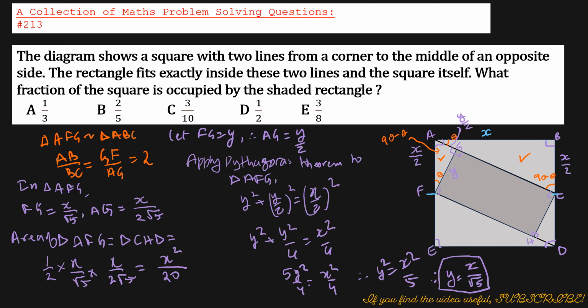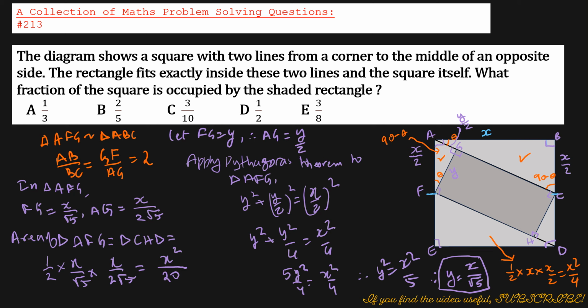So the area of the large triangle, we can write it here in another color. So area of the large triangle would be a half times x out of 2, that is x square out of 4.